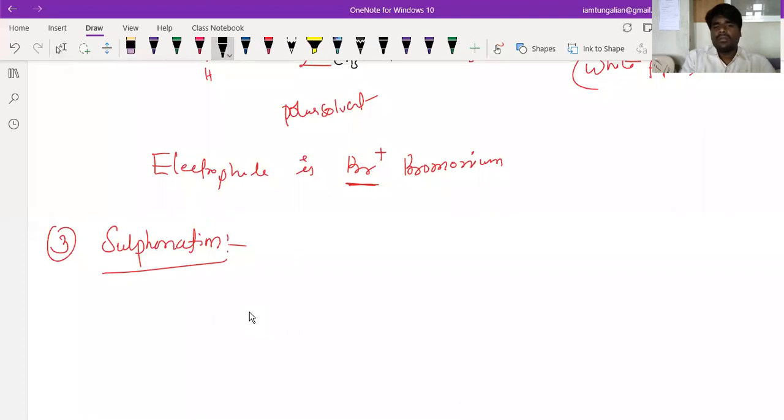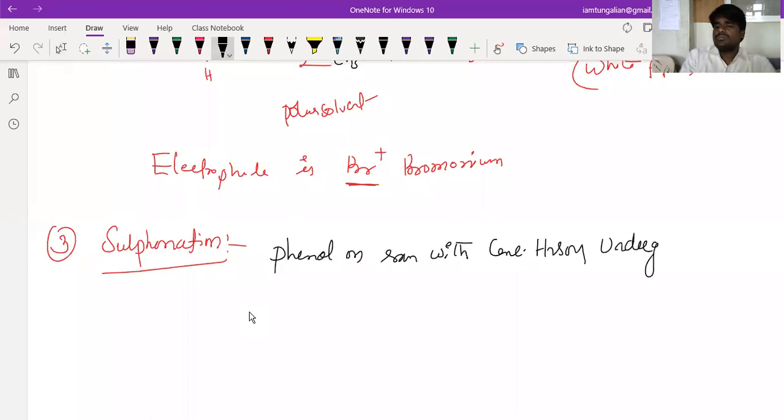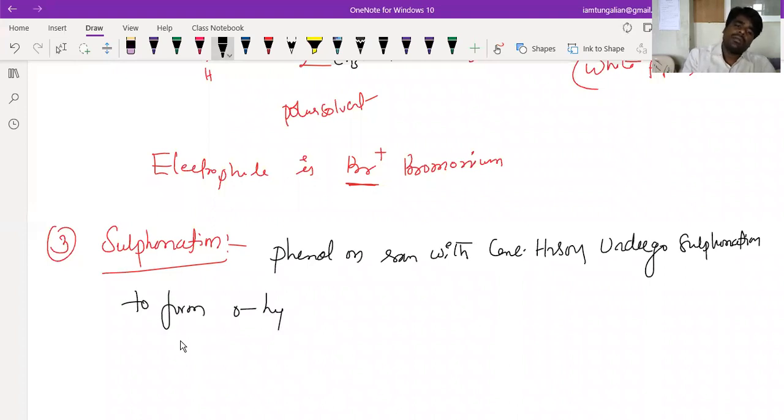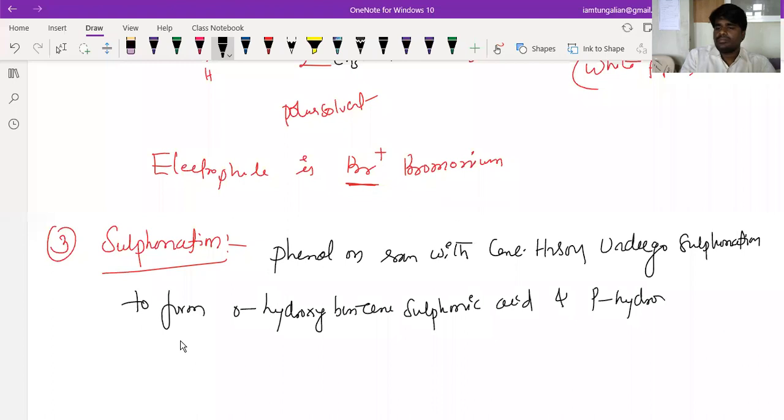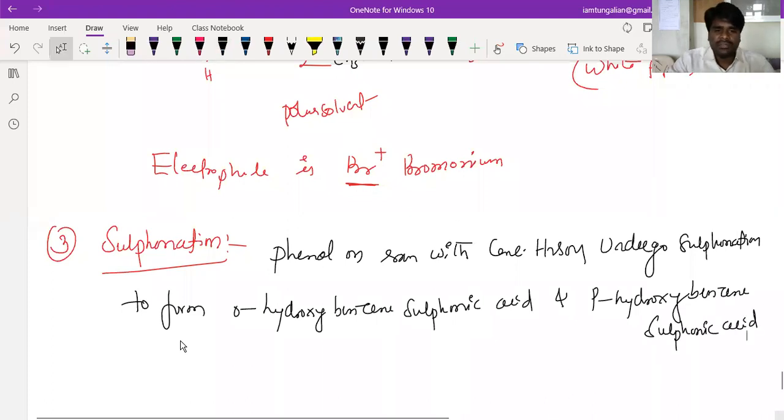Phenol on reaction with concentrated sulfuric acid undergoes sulfonation to form orthohydroxy benzene sulfonic acid and para-hydroxy benzene sulfonic acid. So what happens here?